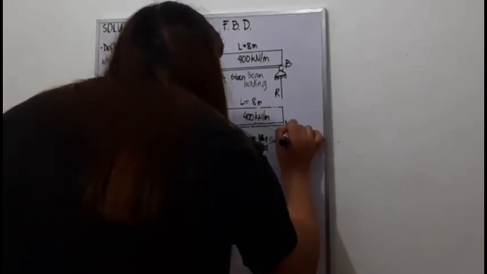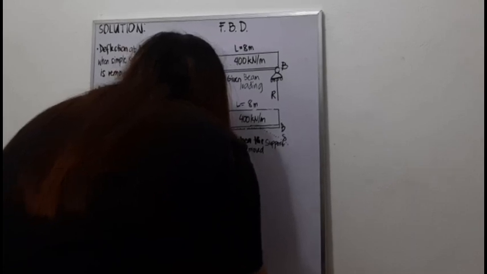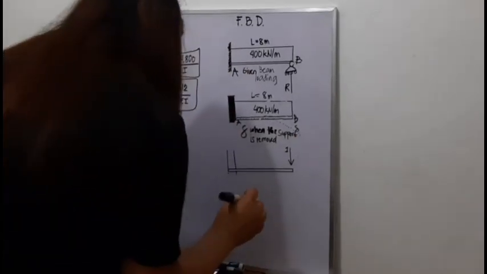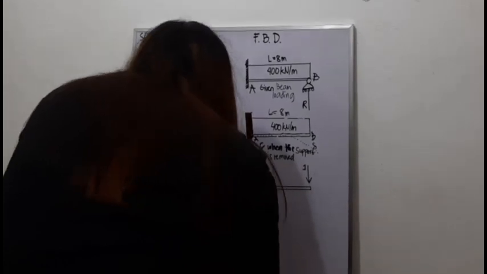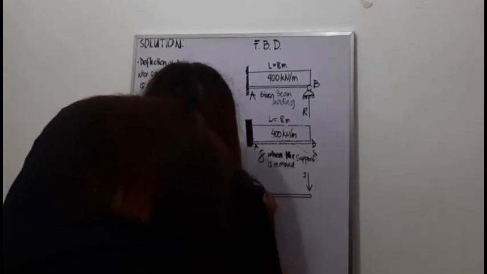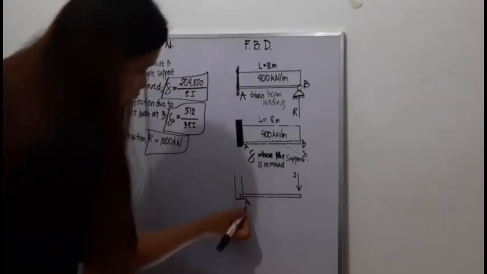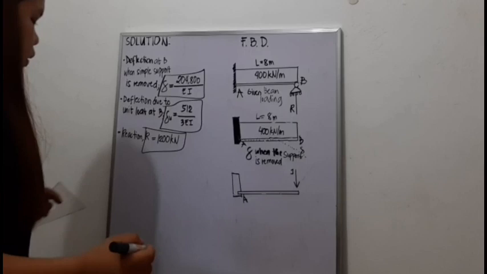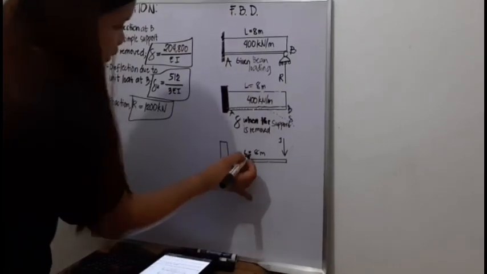Sorry, I forgot. We put here some delta. Here there is an arrow and 1, and here we put some angle A. We put here some delta, and the length will also be 8 m, and the angle B will be here.